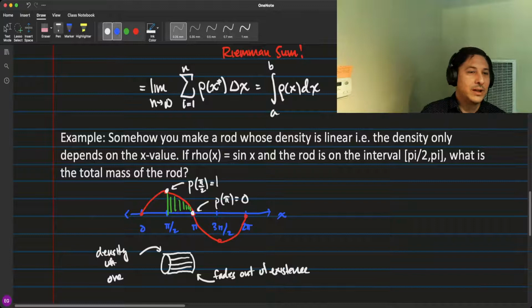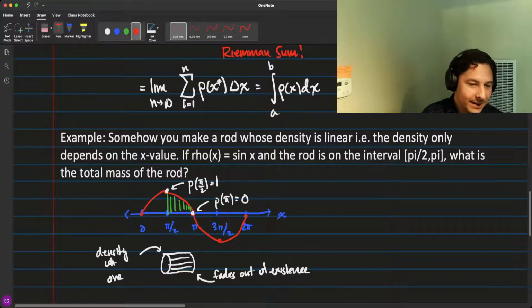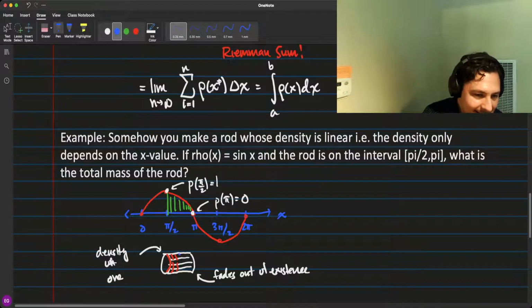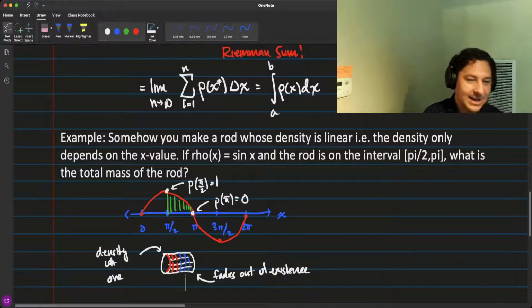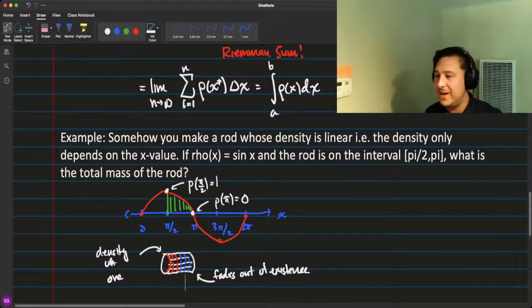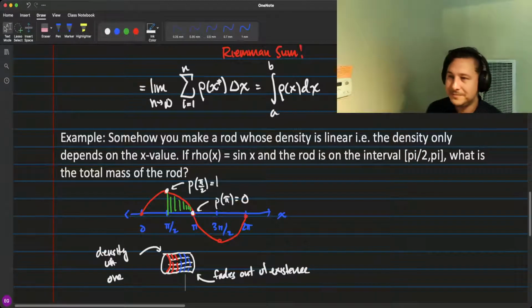If you color code it, if red means very dense, it starts off very dense over here, and then blue will mean that it's not that dense anymore. At the very end, there's nothing left. It just fades out to ghost. I don't know how you would achieve this, but let's just say somehow you did.